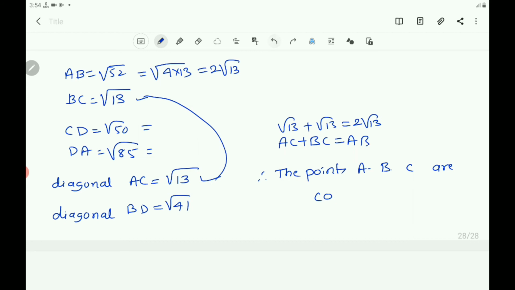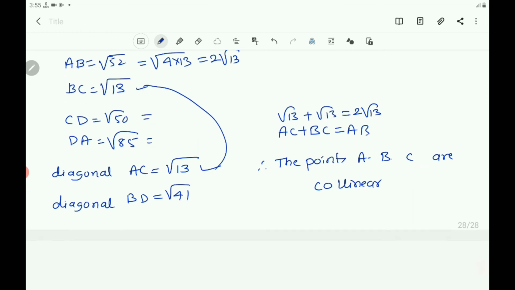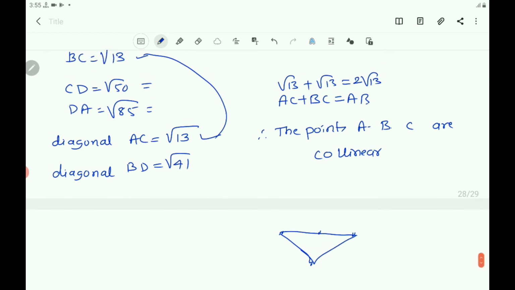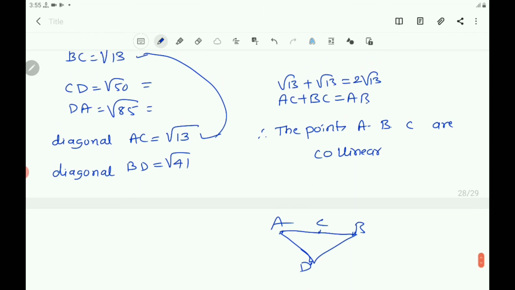3 points are collinear means it is not possible to get a quadrilateral from these 4 points. The points will be like this: 1, 2, 3 and this 4th one, and these 3 points are on the same line. Then you will get a triangle here. Here this is AB, that is AC plus BC, and this is the point D. So here there is no quadrilateral.